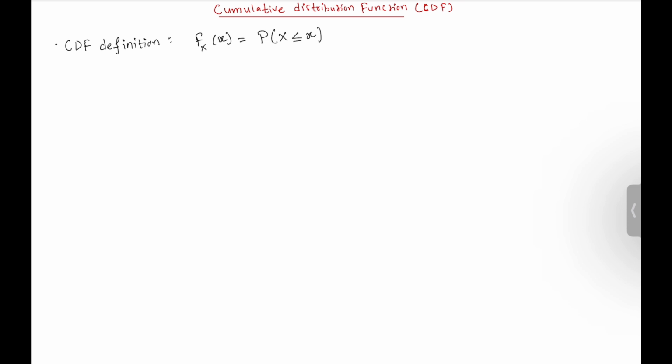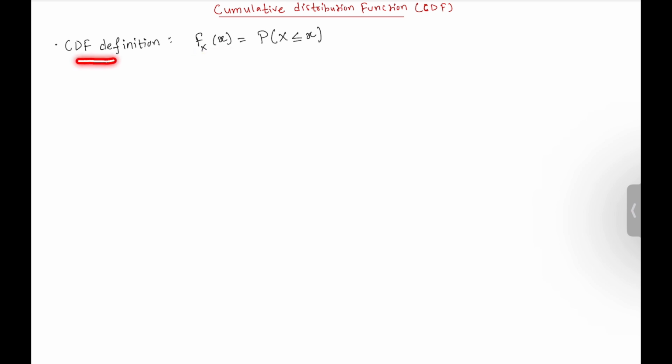In other books you will find other letters, but in our lecture we will use capital F, and the subscript tells you which random variable you are talking about, and little x is the argument of this function.